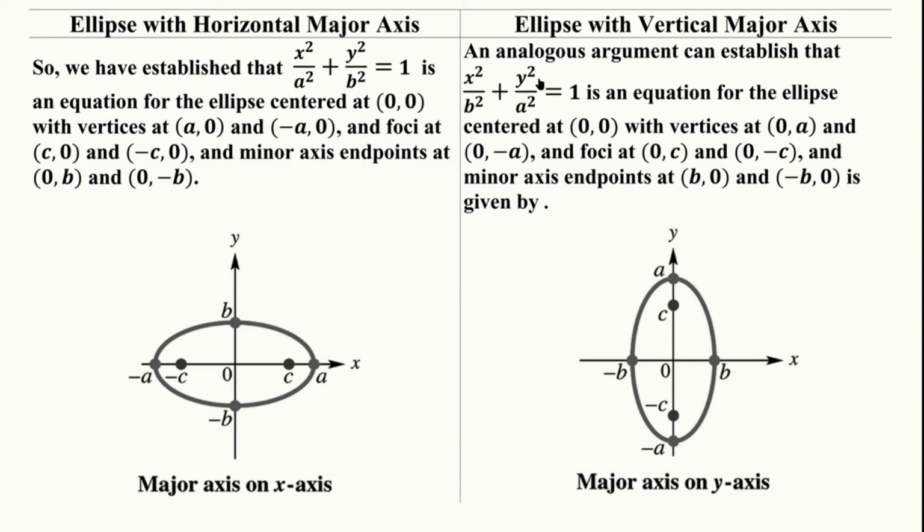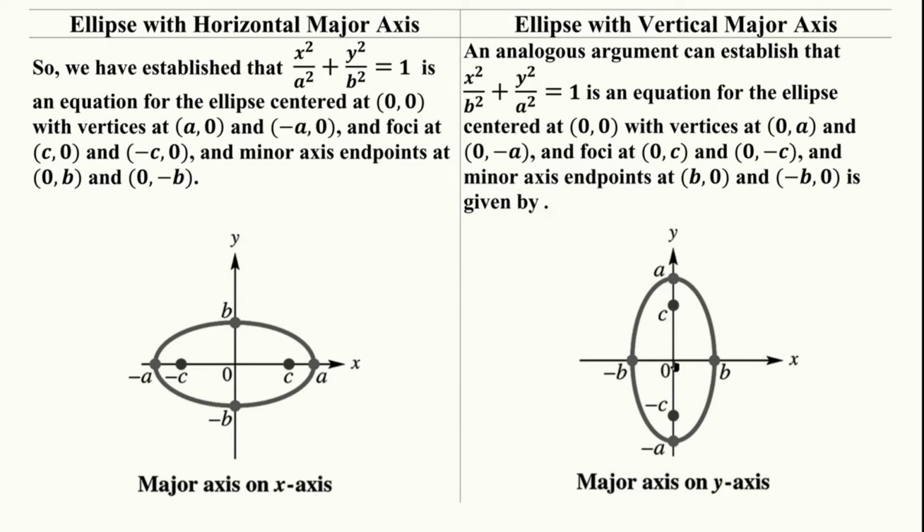Now, we can do a completely analogous argument and establish that x squared over b squared plus y squared over a squared equals 1 is an equation for a vertical ellipse centered at (0, 0) with foci at (0, c) and (0, negative c). In other words, foci on the vertical axis and minor axis endpoints at (b, 0) and (negative b, 0).